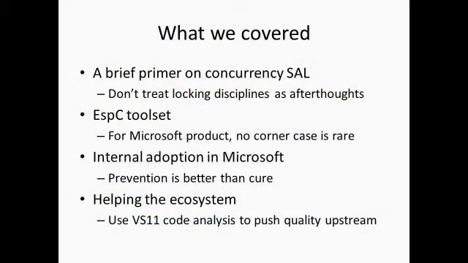So what we covered today is a brief primer on concurrency SAL, and we learned that we shouldn't treat locking disciplines as afterthoughts. It should be very much part of an interface design. We learned that we should be using the EspC toolset because for a Microsoft product, no corner case is rare. So we do want to avoid those hangs and non-deterministic failures at the customer's desktop.